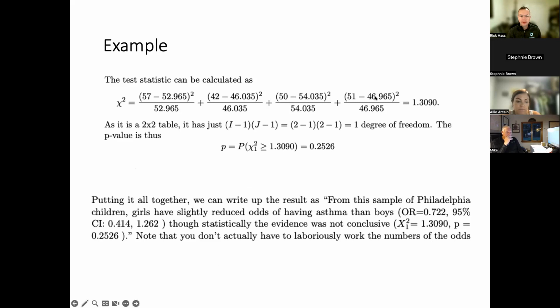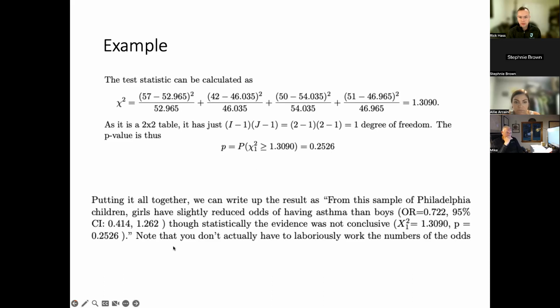So we do all this math. We get 4 numbers, we add them together, we get 1.3090. That turns out to be a relatively small chi-square value. If we used a table or a computer, we'd find that the tail probability is 0.2526.